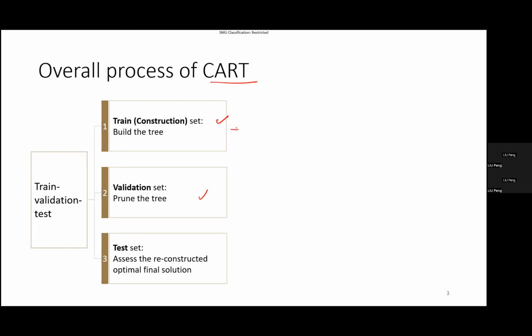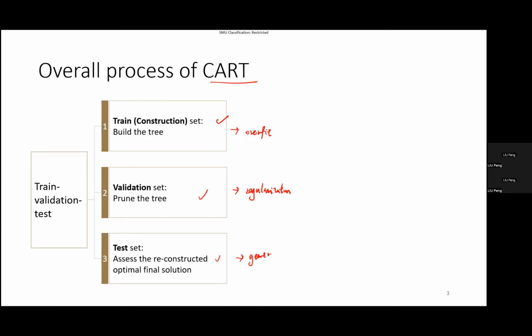This process likely will lead to overfitting, and we want it to overfit because we want to fit the data well in the first place. Now this is introducing a bit of regularization, regularization by pruning the tree. So we bring it back a bit, and do not let it go too far away. And then this is ready to test the generalization performance.